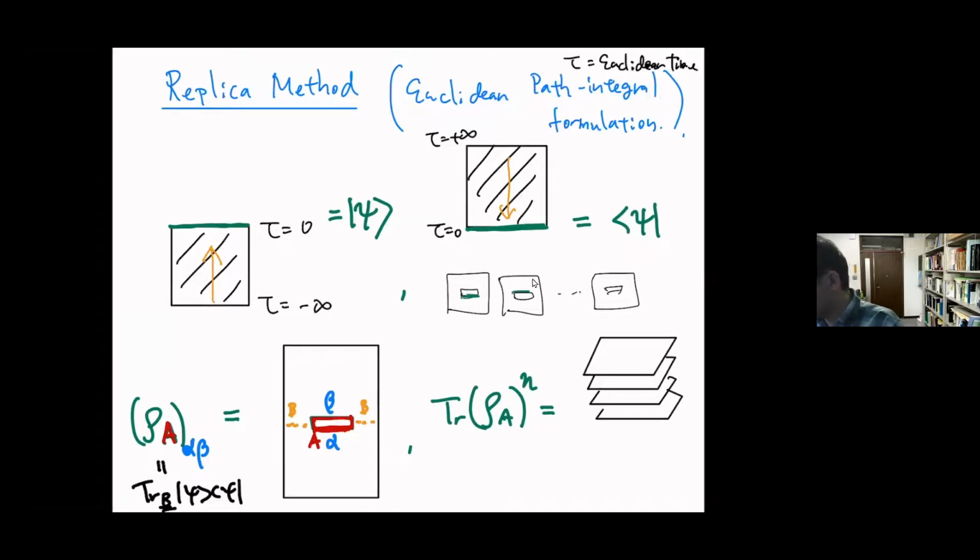This line is glued with this line, and this line with another one, and finally the last line goes to the upper line, because this is a trace. After that, we have a cut here and a cut here, and they are connected. If you go around this cut, it goes down to the next sheet, and if you go around again, it goes down again, like this. This is something called an n-sheeted Riemann surface.